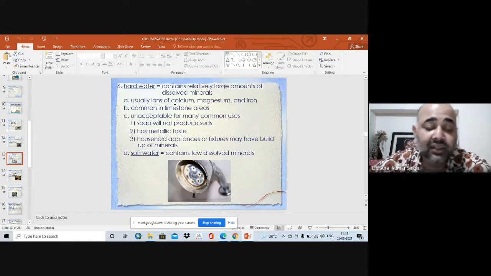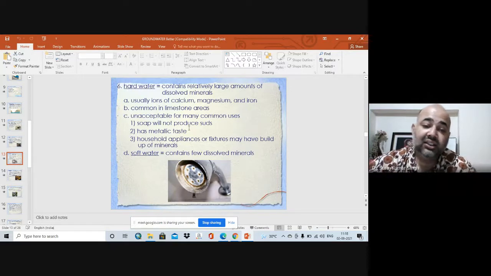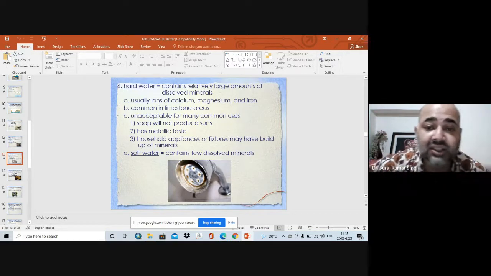Then you have got hard water and soft water. Many times when you go to Rajasthan, you'll see that the water is very hard. When you go to Himachal, you see the water is very soft. So what is it indicative of? Hard water contains a relatively large amount of dissolved minerals, usually ions of calcium, magnesium, and iron.